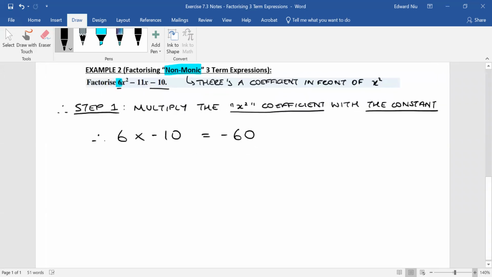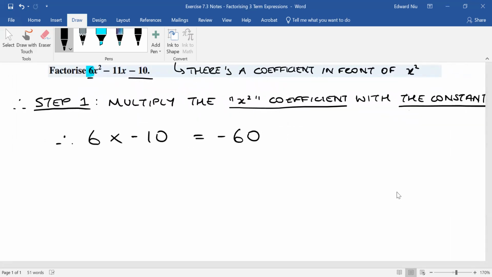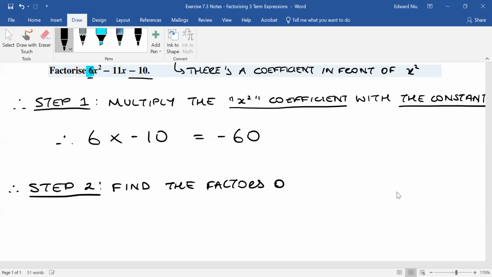All it means is we need to multiply, or find the factors. So let's write the step first. Step 2. Okay, find the factors of -60 which adds to -11.